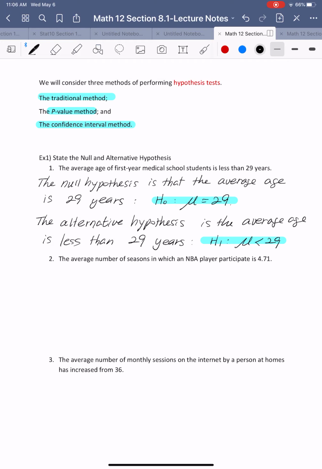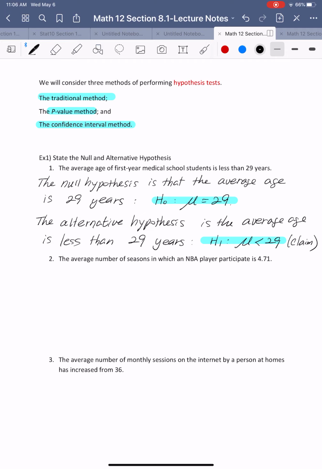We do the same for number 2. In here the statement is a claim, so the claim must be stated in the hypothesis. For the second one, the average number of seasons in which an NBA player participates is 4.71.